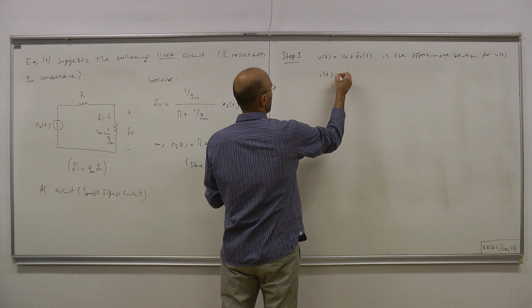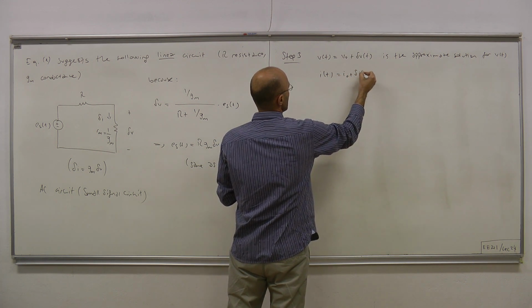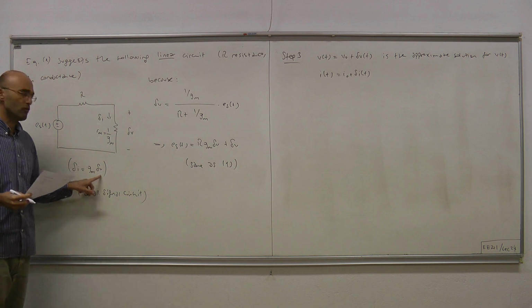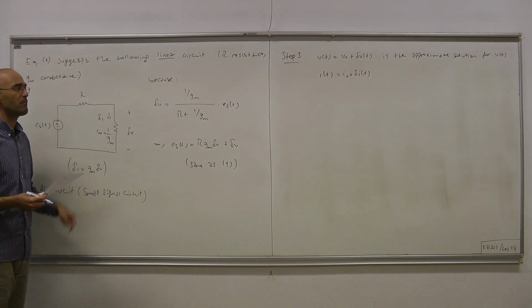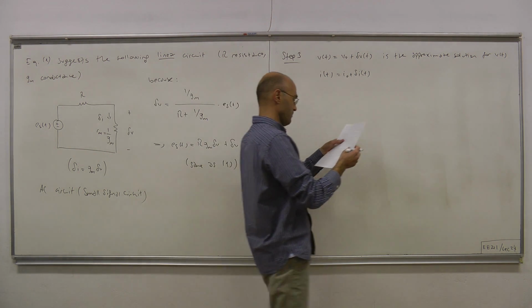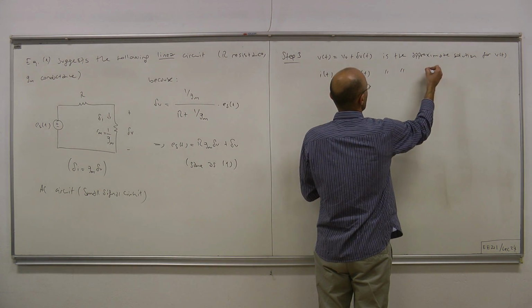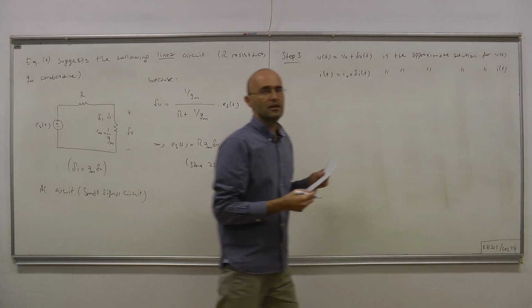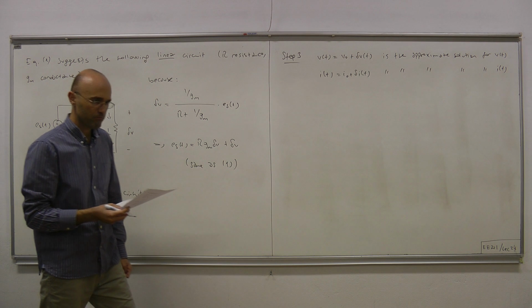And I of t likewise is I0 plus delta I of t, and the relation between delta I of t and delta V of t is given through this equation in terms of the conductance. And this is the approximate solution for the current of the nonlinear resistor I of t.